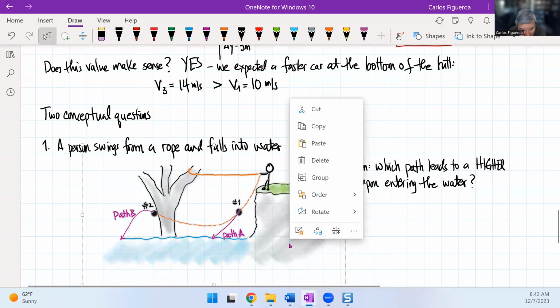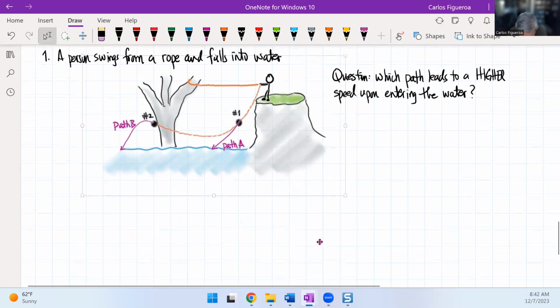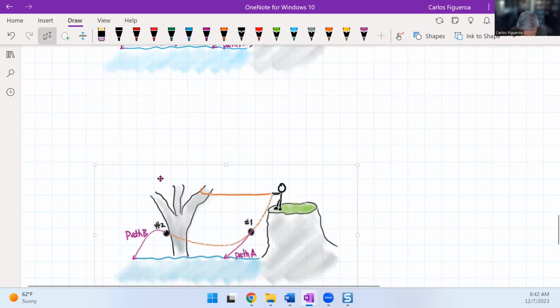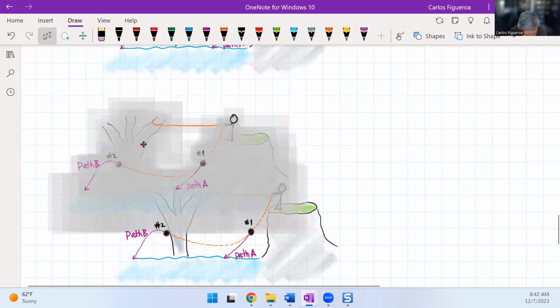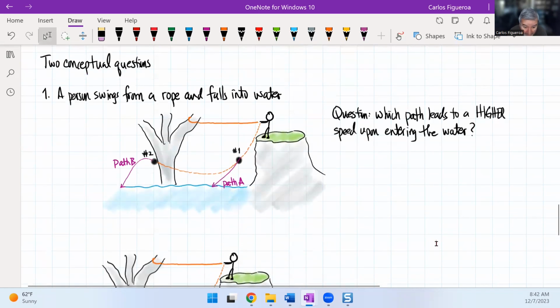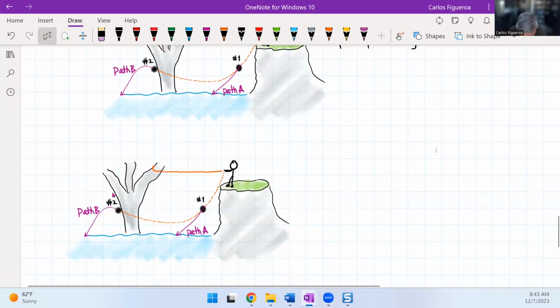I want to copy this and bring it down here, because I want to use it to help with the bar diagram, but for right now I want to come back over here.